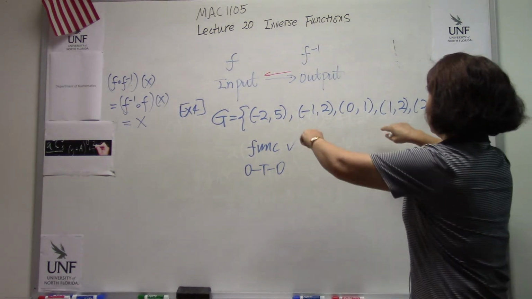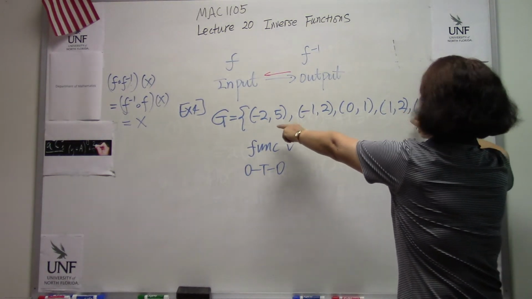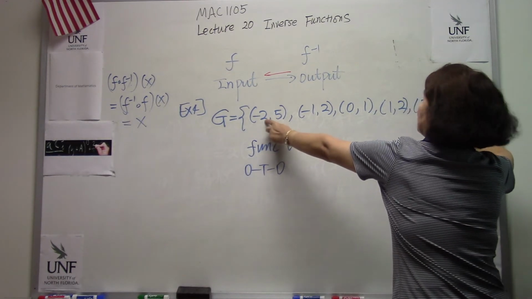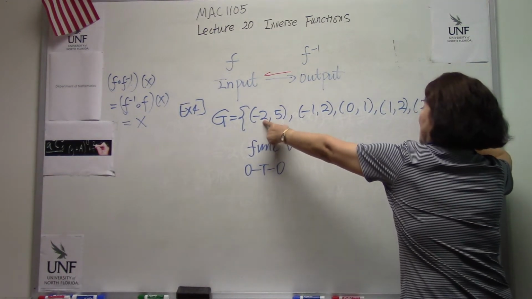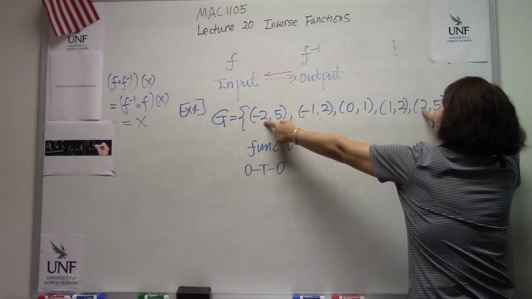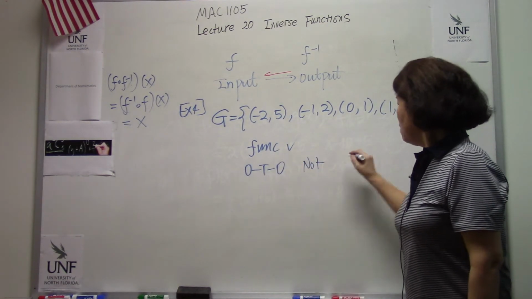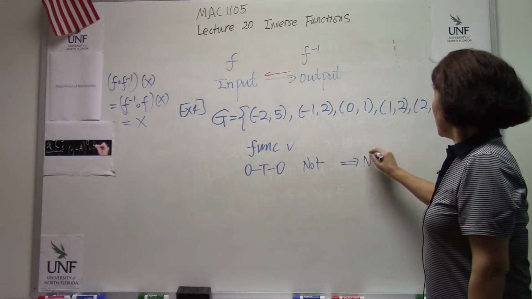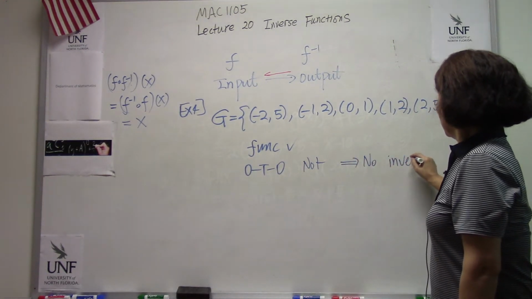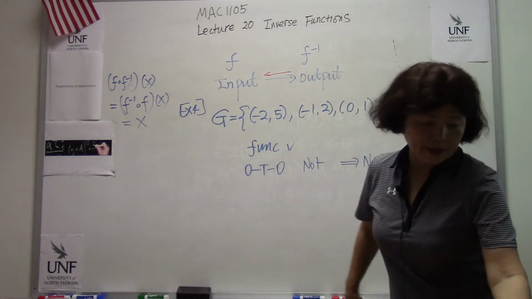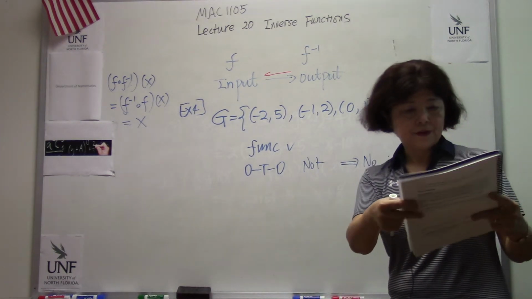No. Two different x values, -2 and +2, they have the same y value. So this is not. Therefore, no inverse. Okay? There is no inverse of that.